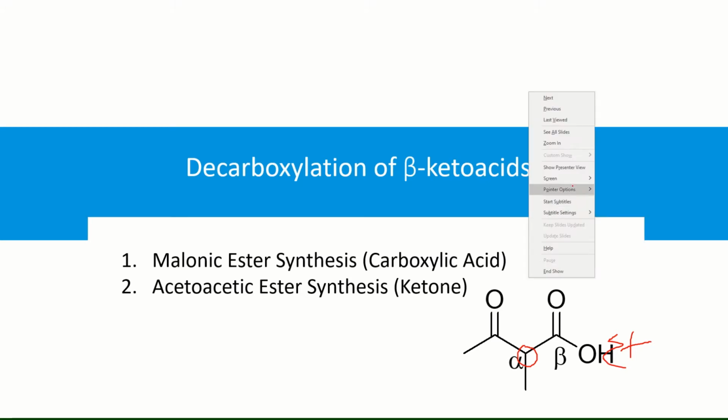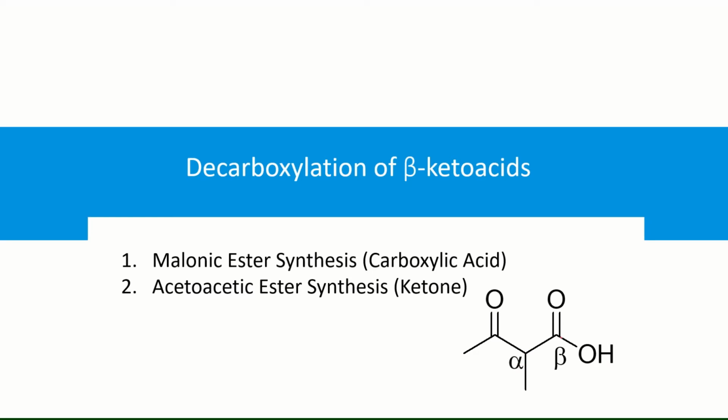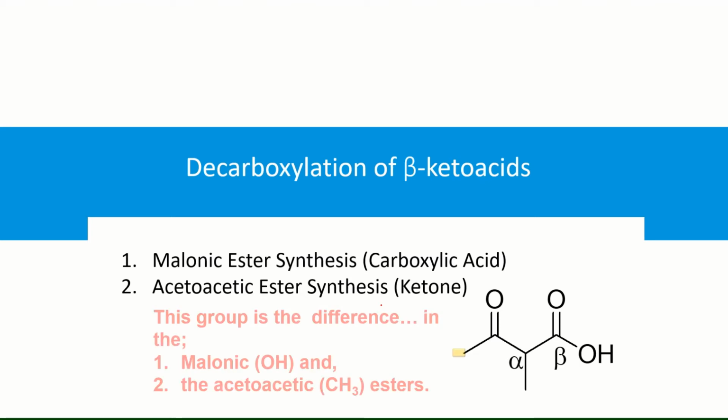Once saponification occurs, we can remove that, and then we have a unique property with this beta acid that we want to talk about. Remind yourself, if this position here is OH, then that is the malonic acid.